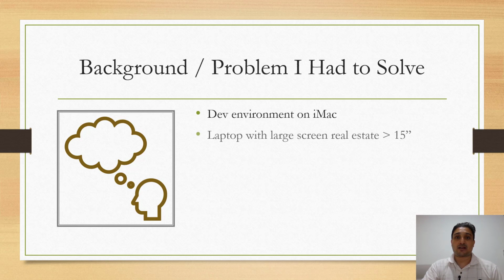And I wanted to have something with large screen real estate, 15 inches or higher, and the only option at the time was the MacBook Pro 15-inch, and now it's the 16-inch model at the time of this recording. So that was a pretty heavy price tag for me, and doing web development, I wasn't sure if I needed the specs that were part of that MacBook Pro offering.